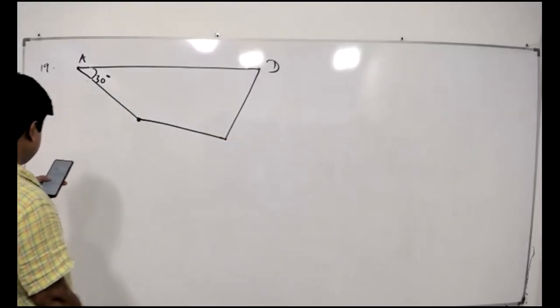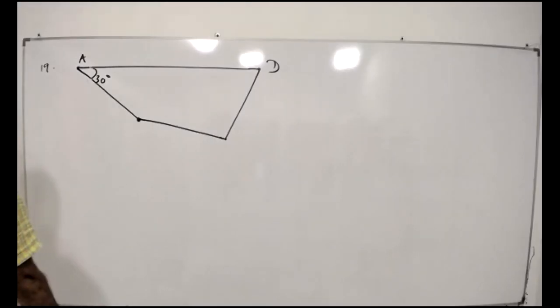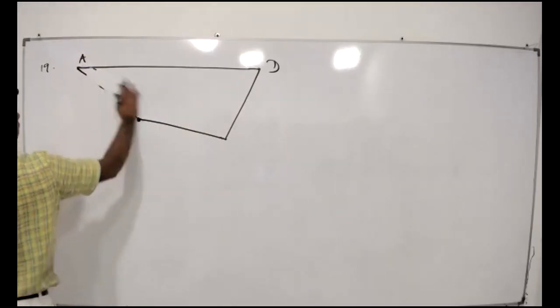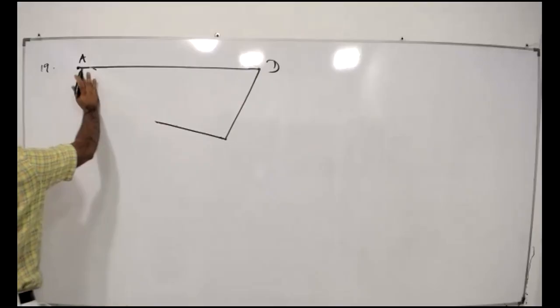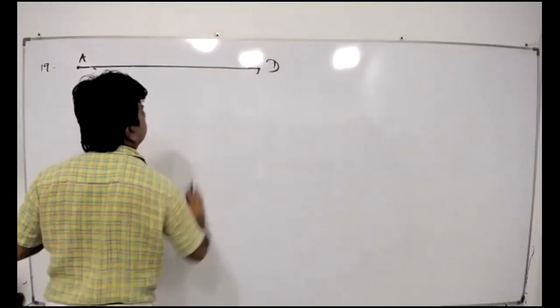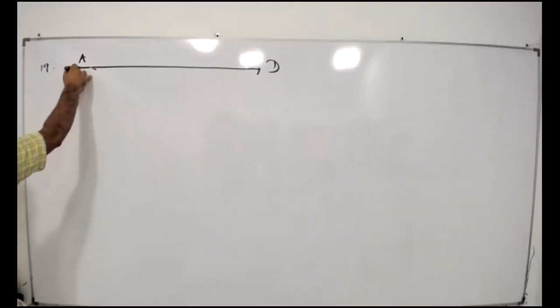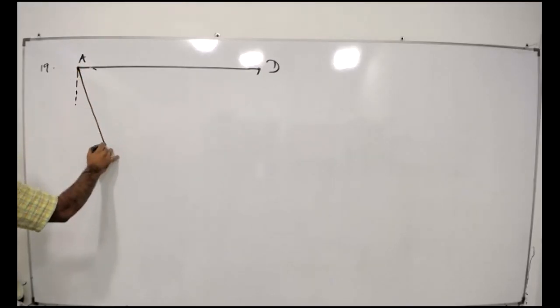Wait. AB makes an angle 30 degrees with the horizontal and 60 degrees with the vertical, right? The diagram is not like this. It is like this.